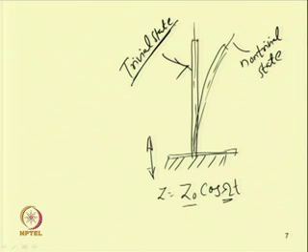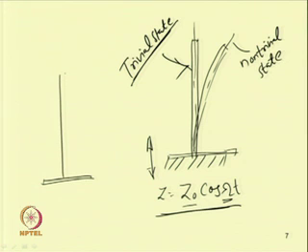One can apply this base excitation Z equal to Z cos omega t, or one may apply a periodic axial load. If one applies a periodic axial load, the system is also a parametrically excited system.